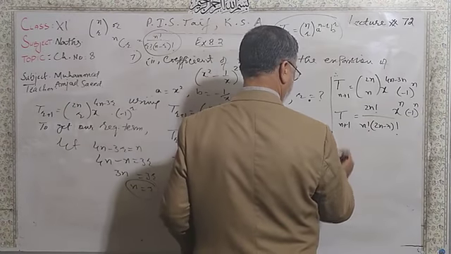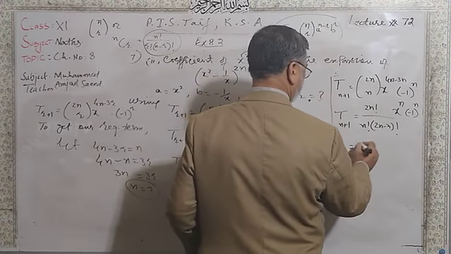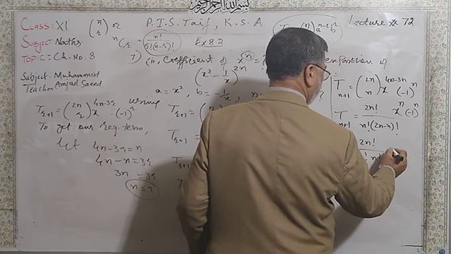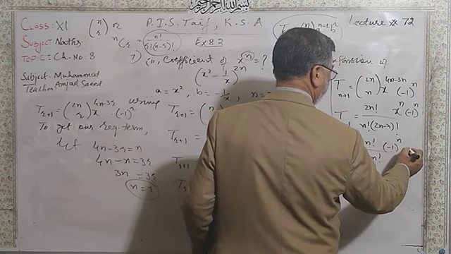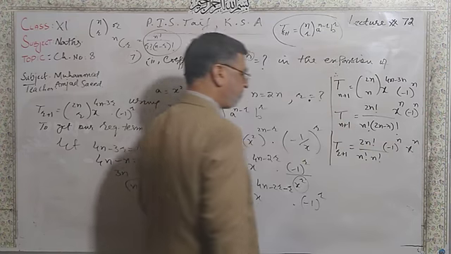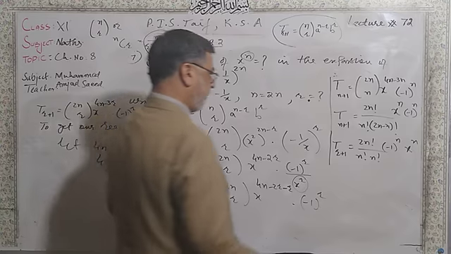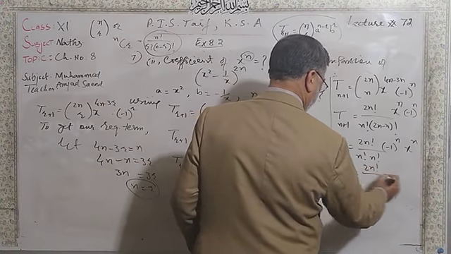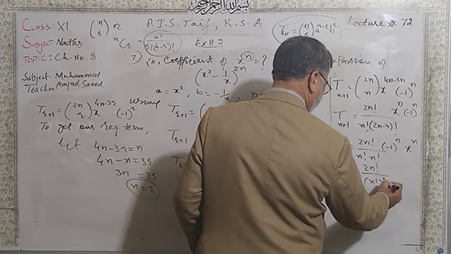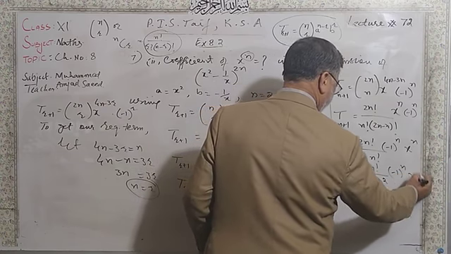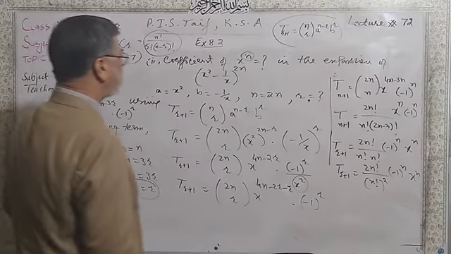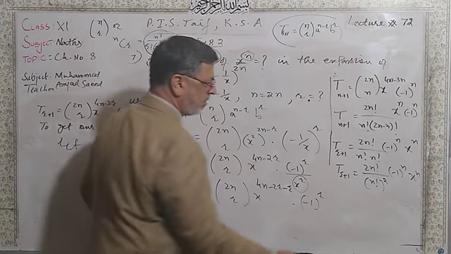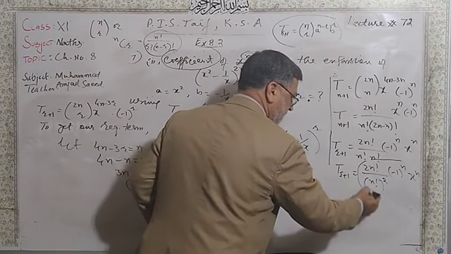So 2n factorial over n factorial whole square, minus 1 power n x^n. Dear students, coefficient of x^n means the value before x^n.